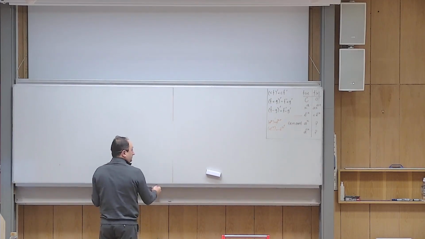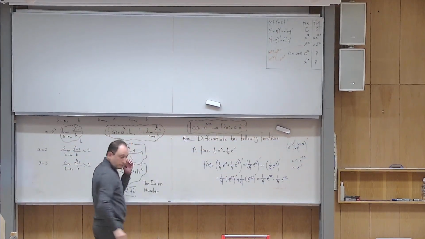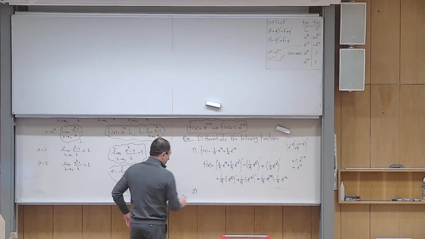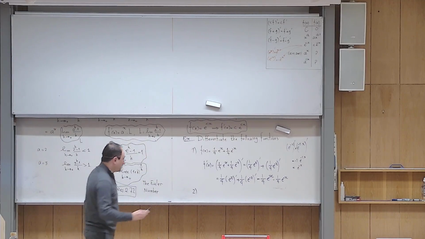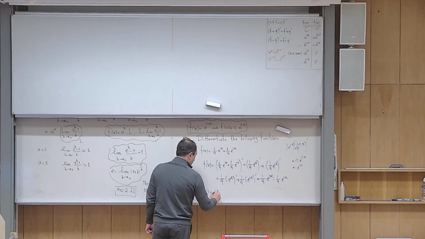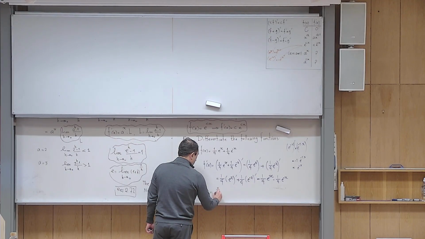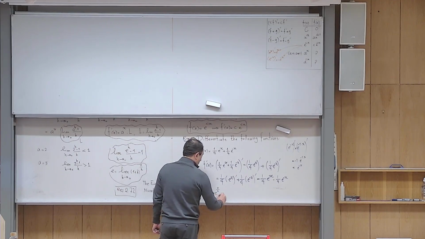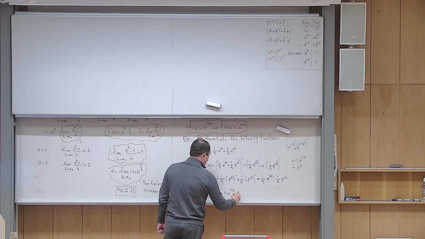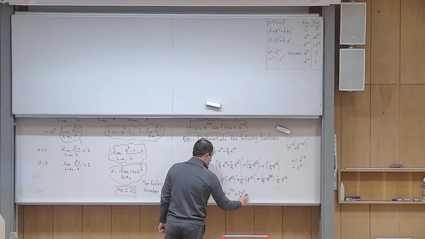Another example, number 2. So what should I do here? f(x) is e^(x/2) + 5e^(-3x) + 2x^2 + 1.